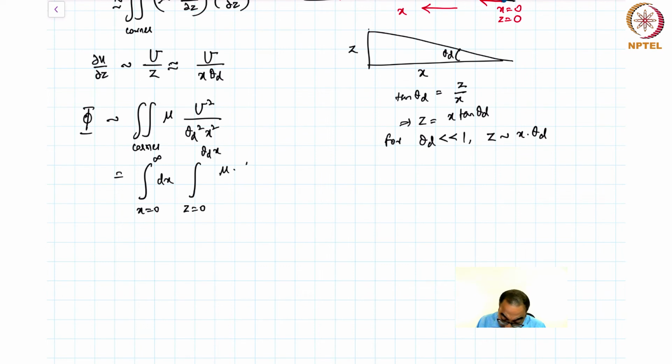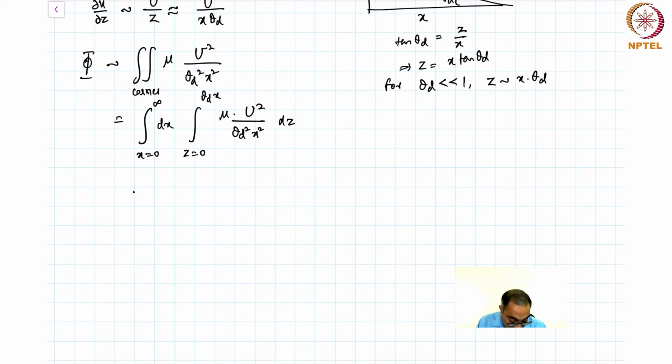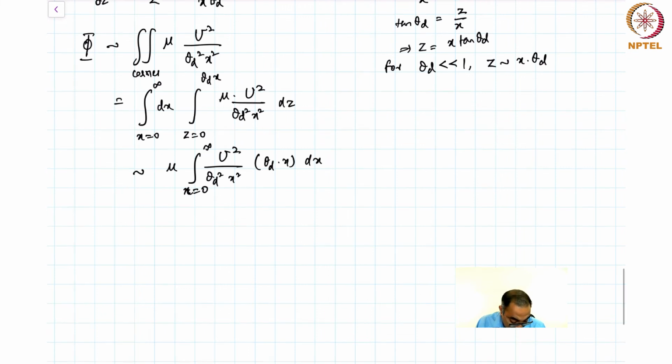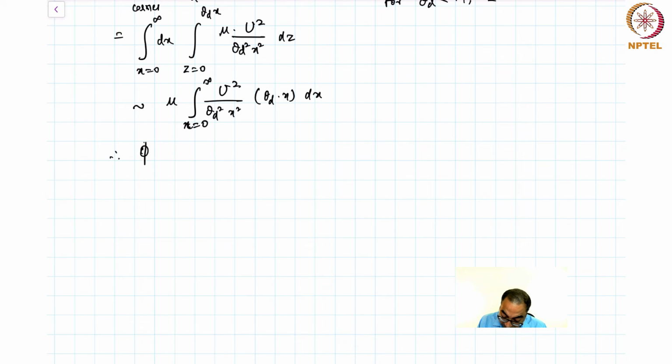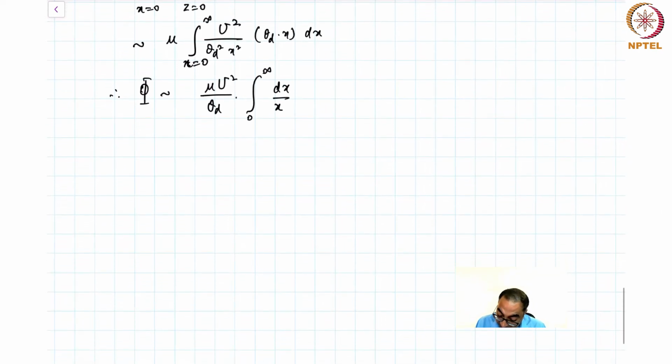So we have mu times u squared by theta d squared x squared dz, and this essentially gives me x going from 0 to infinity of u squared by theta d squared x squared times theta d x dx, right? And therefore my dissipation essentially will be mu u squared by theta d, integral from 0 to infinity of dx by x.